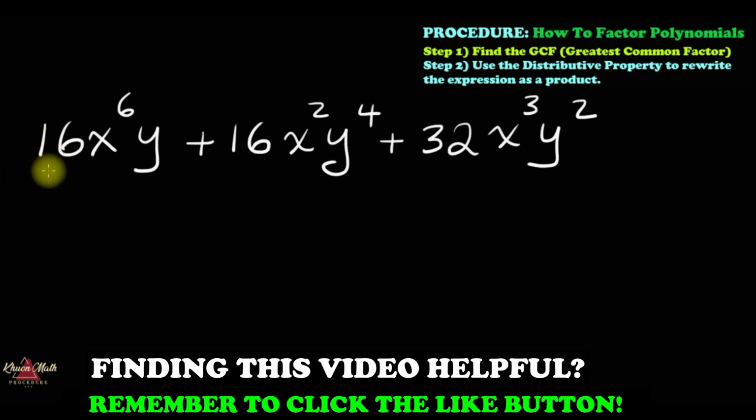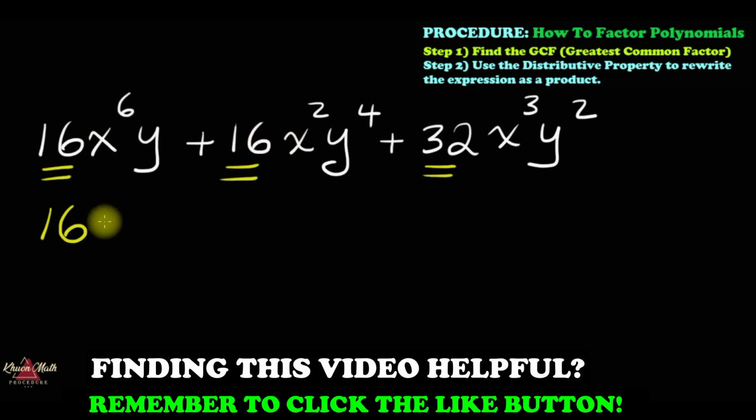So can you think of the biggest number that can go into 16, 16, and then 32? Well, can 16 go into 32? Yes, 2 times. So therefore 16 is going to be your greatest common factor for the coefficients, these numbers right here. And then for the variables, see x to the 6, x squared, and then x cubed.